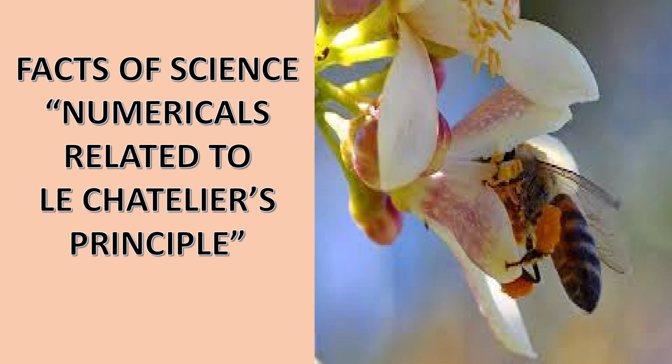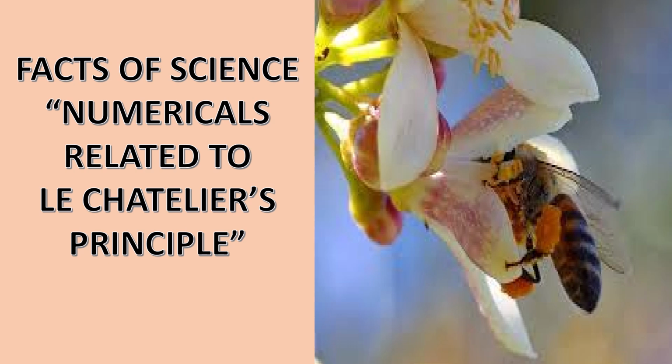Friends, in this video, I will tell you how to solve numericals related to Le Chatelier's principle. As I have discussed earlier, there are two types of reaction. One is irreversible, which occurs only in the forward direction. That means starting material or reactant forming product. And reversible reaction, in which reactant forms product and product then again forms reactant.